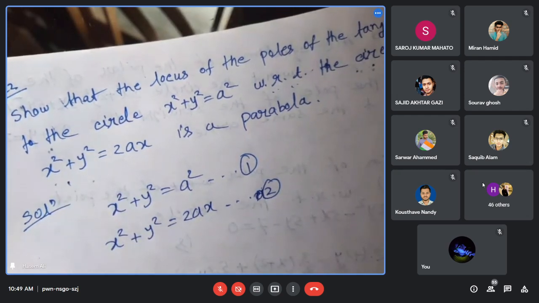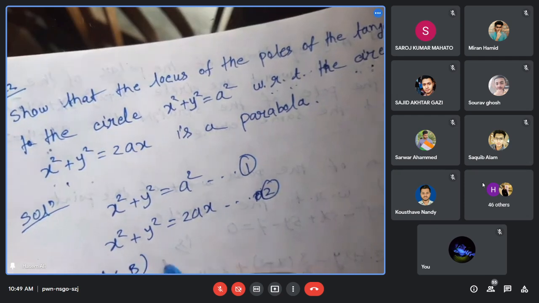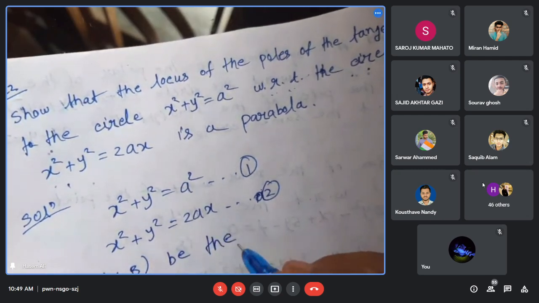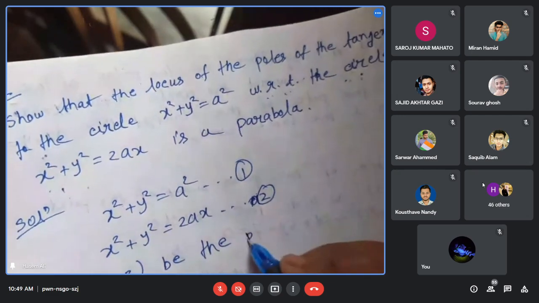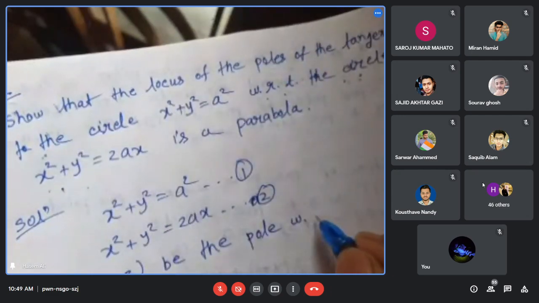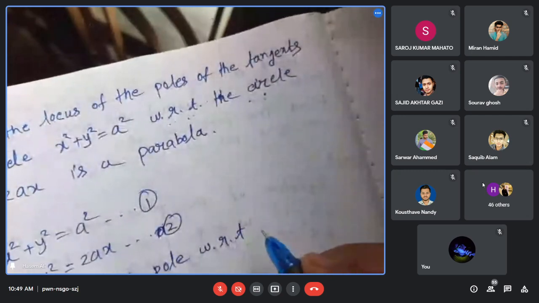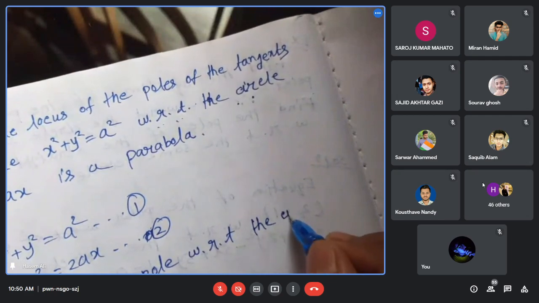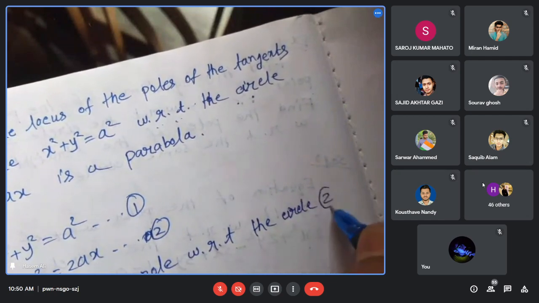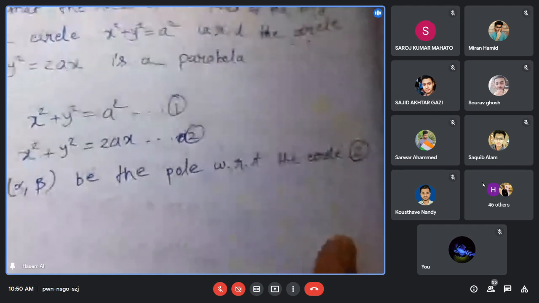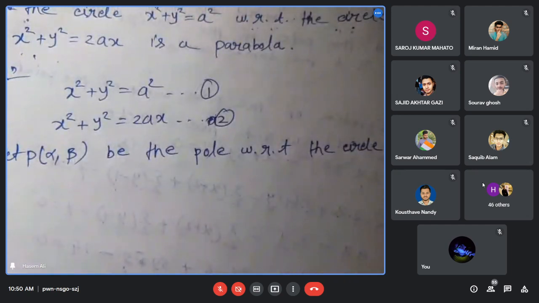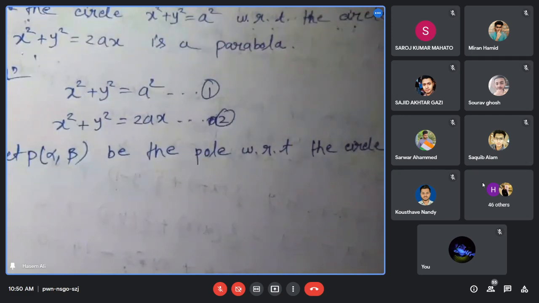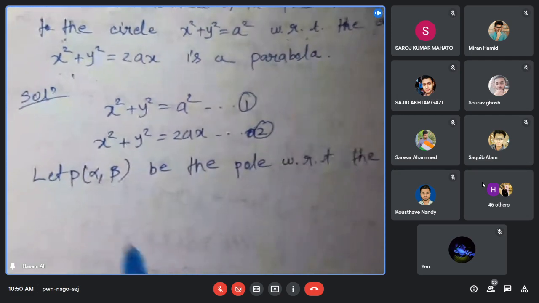Let p alpha beta be the pole with respect to the circle, equation 2. Okay.